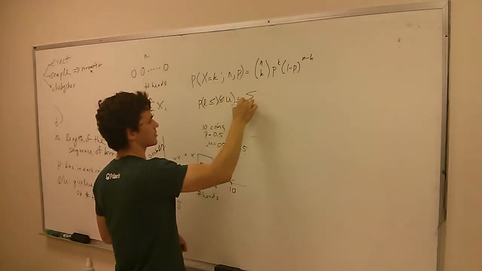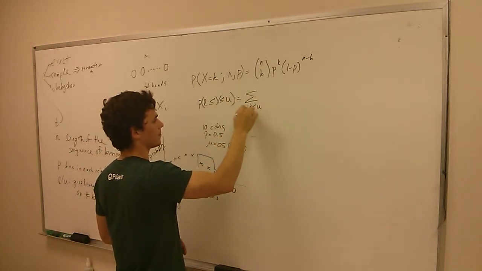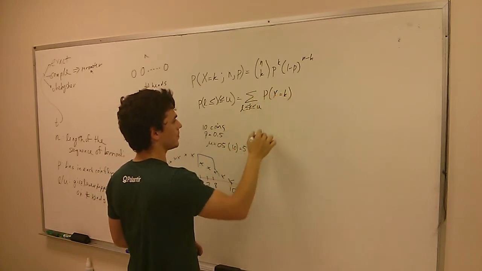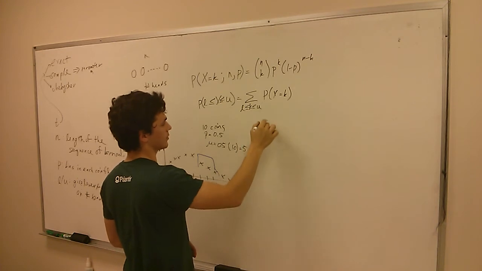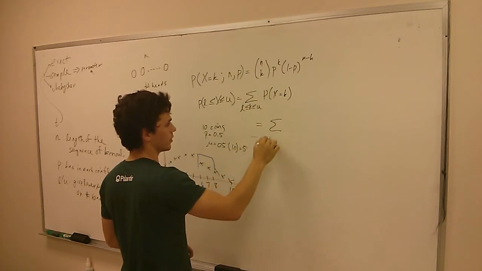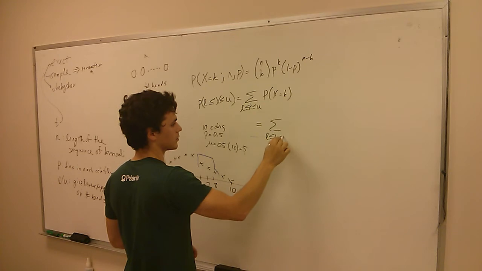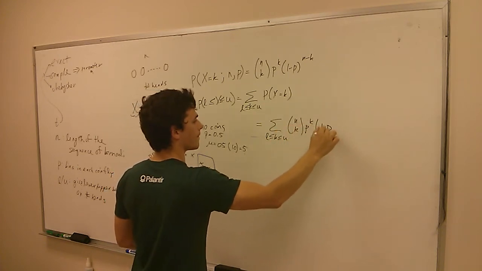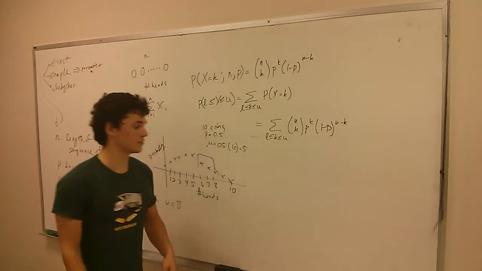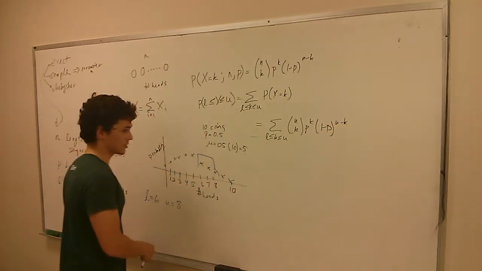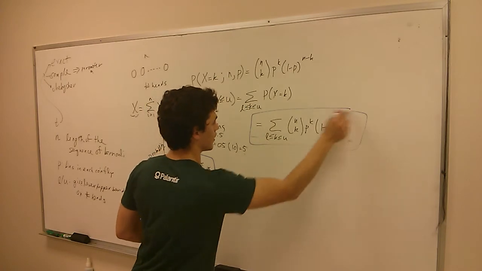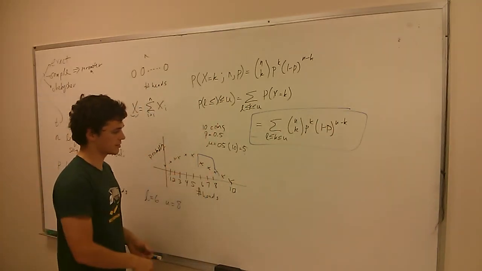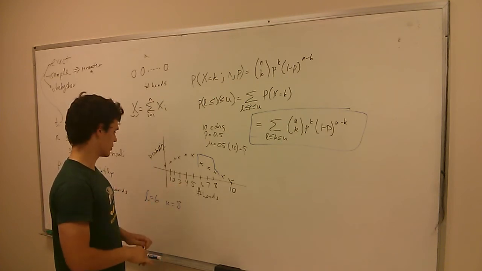So this is just the sum over k between L and U of P(x equals k). And you can just expand the binomial distribution and get n choose k. Okay, so this is the exact case. This is how you would compute the probability of getting within this range of heads exactly.